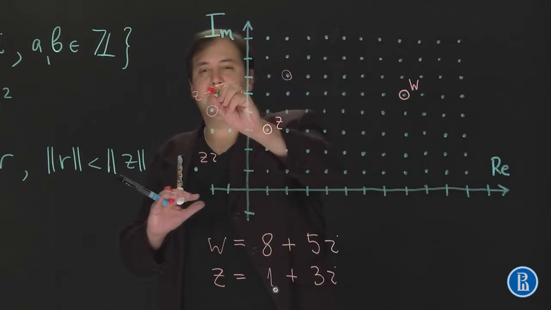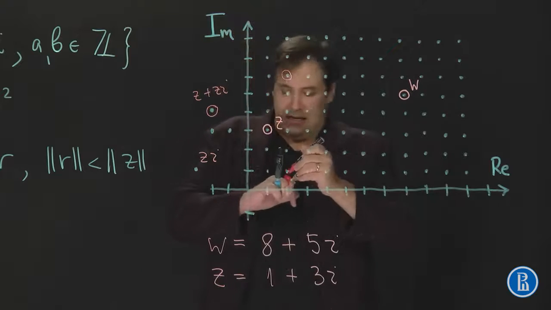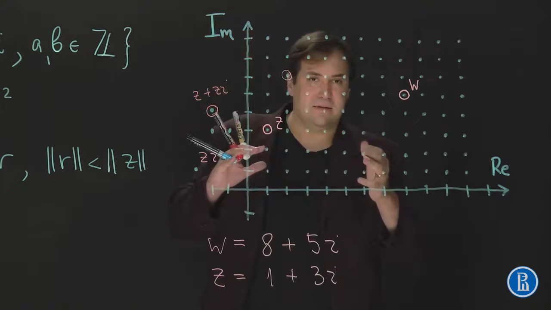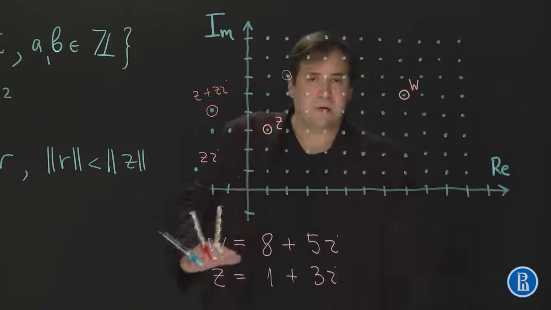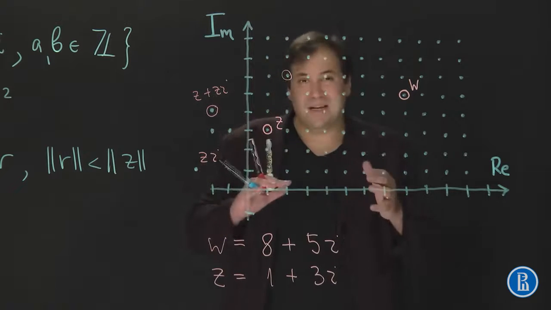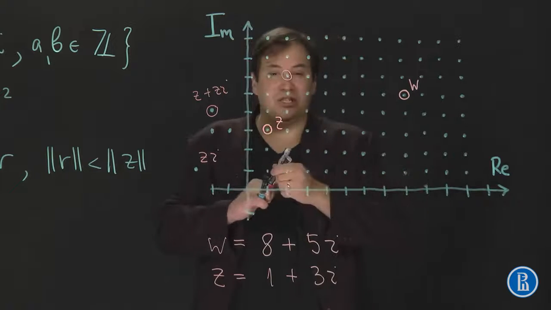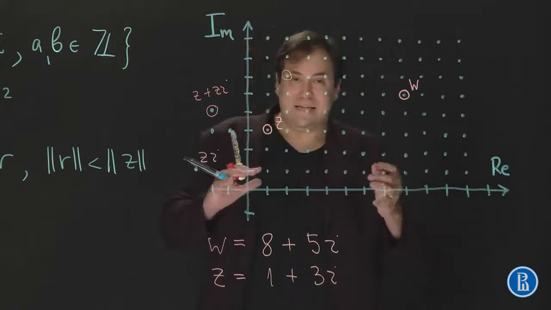So this is z plus z multiplied by i. By this time we already understand that the complex integers that can be obtained by multiplying z by other complex integers form a lattice.